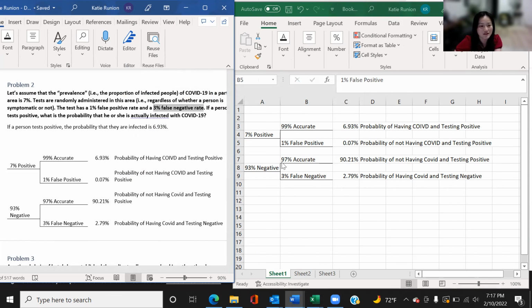Is that correct? Because false negative means the probability of people who test negative who have COVID, right? So we have to put that 3% false negative on the positive rate up there, like 7%, because I don't use positive, I use COVID and non-COVID, so it's more clear. Maybe this is the confusing part.